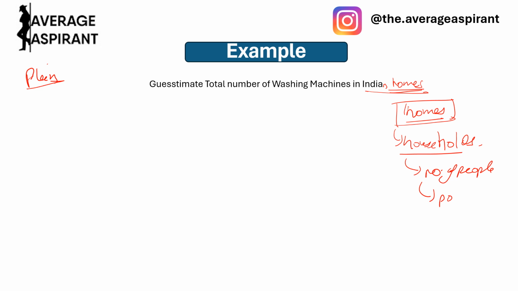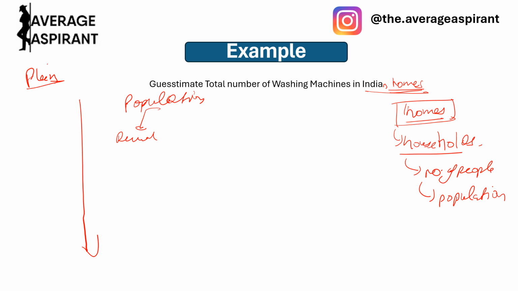By population, right? So you will tell the approach to the interviewer that I'll have population. I will divide it into, let's say, rural or urban. Then I will see the number of households.